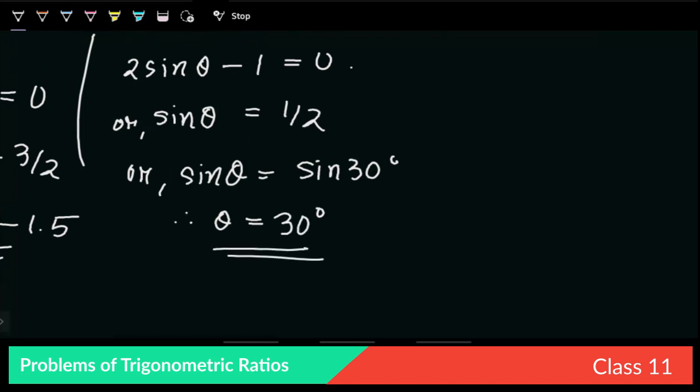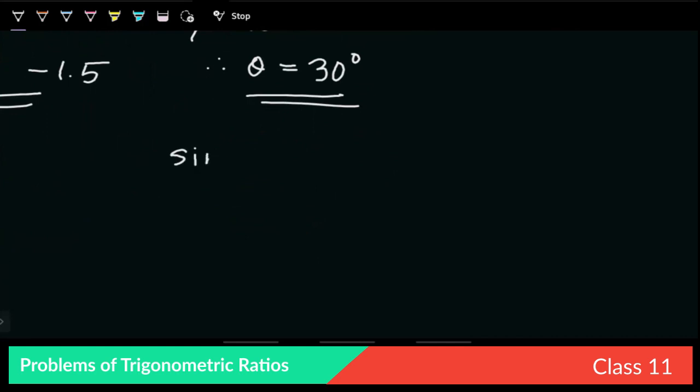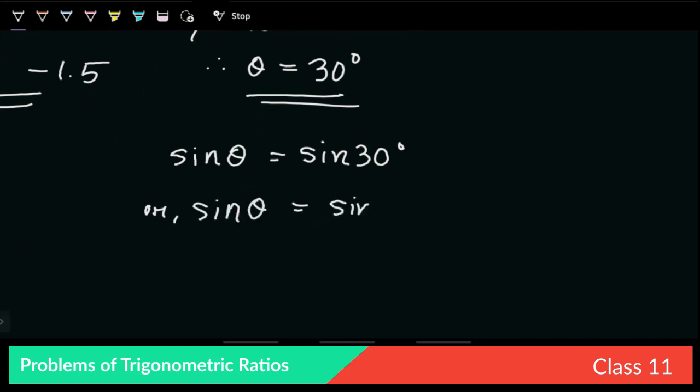Now since these are associated angles, theta will be 30, no doubt, but we will get more values of theta. We have got sine theta equals sine 30. Now this sine 30 can be written in another way. In place of 30, can we write 180 degree minus 150 degree? This is also 30 degree, since 180 minus 150 is 30.